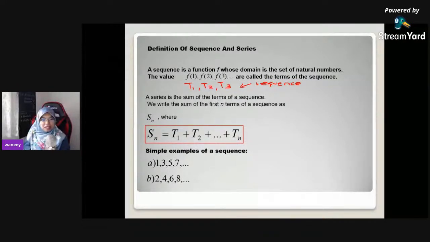So this is series. So one of them uses commas, one of them uses plus. So those are the differences between sequence and series. Examples of sequence: 1, 3, 5, 7, and 2, 4, 6, 8. Those are sequences because we can see we have commas over there.